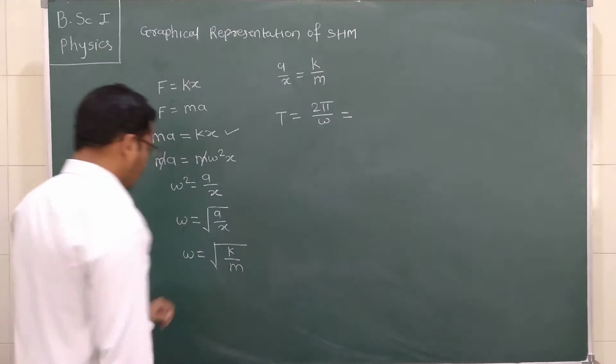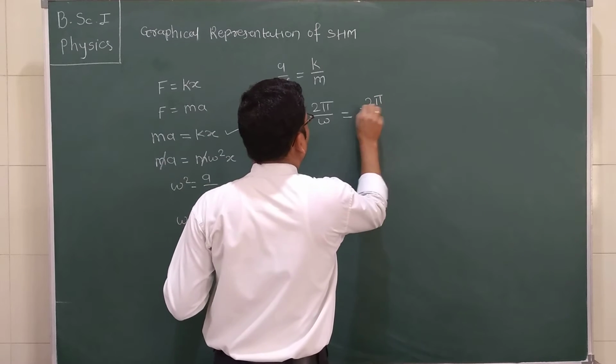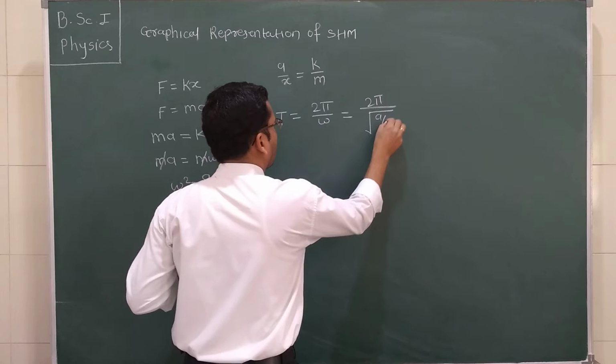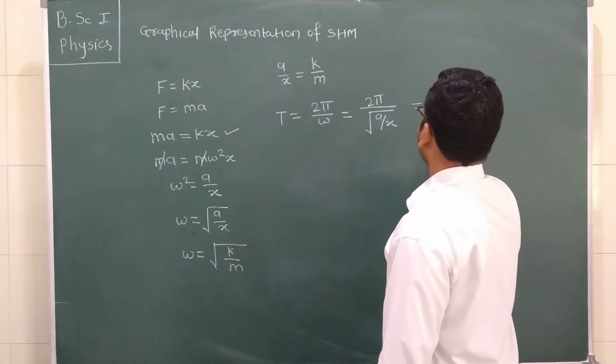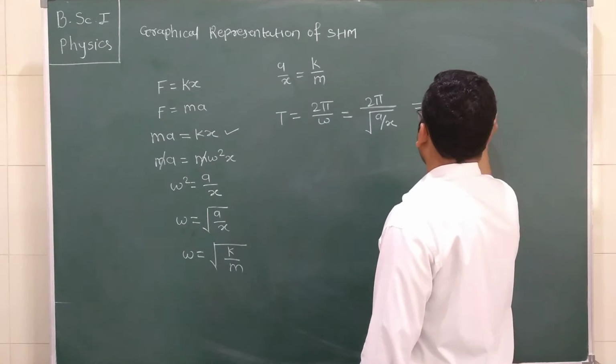By using this equation, we can write T is equal to 2 pi under root a upon x, which is equal to 2 pi under root x upon a.